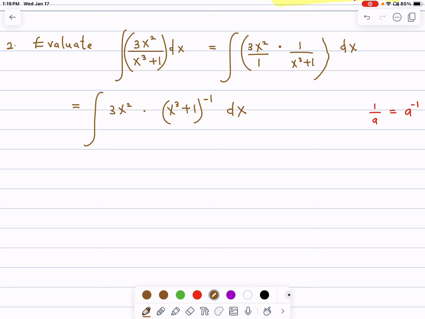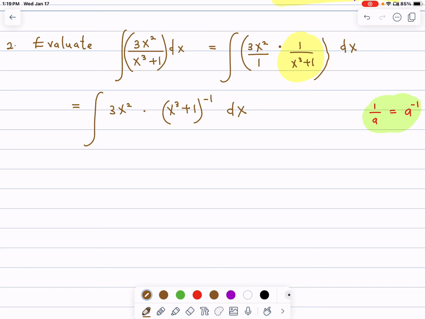So I rewrote this expression as (x cubed plus 1) to the power of negative 1, using the rule of exponents.